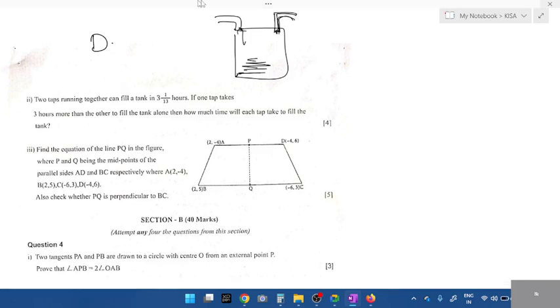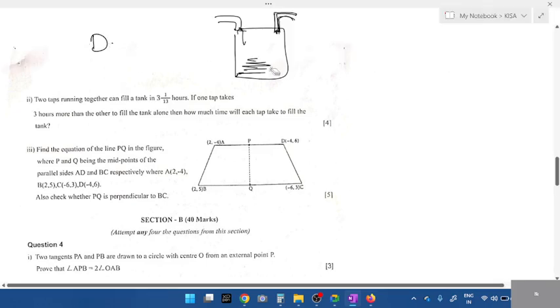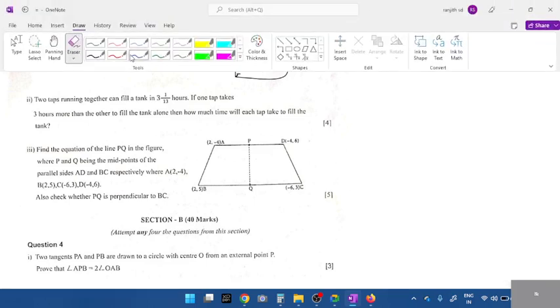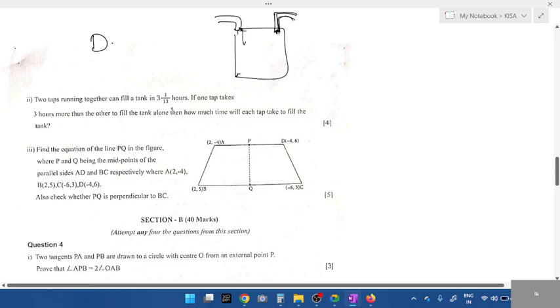Remember this concept. Whenever two taps are opened together, how many hours do they take together to fill the tank? 3 1 by 3. So 3 into 13, 39 plus 1, 40 by 13 hours.